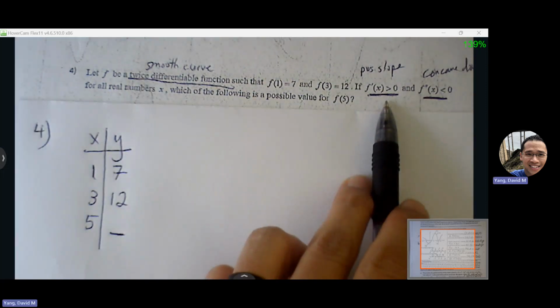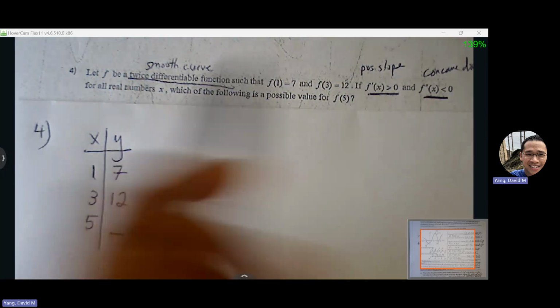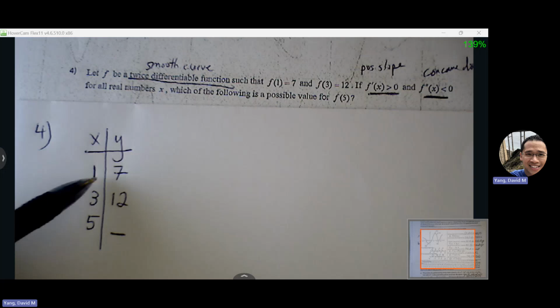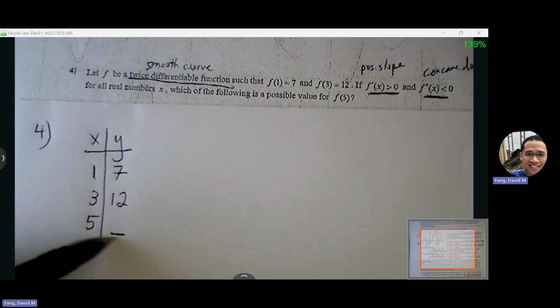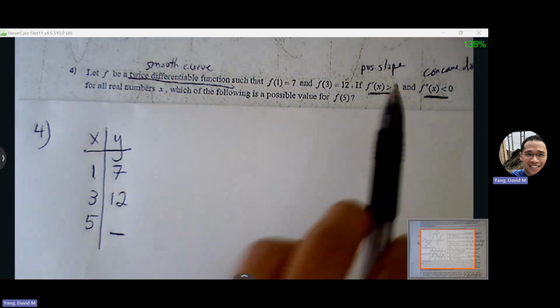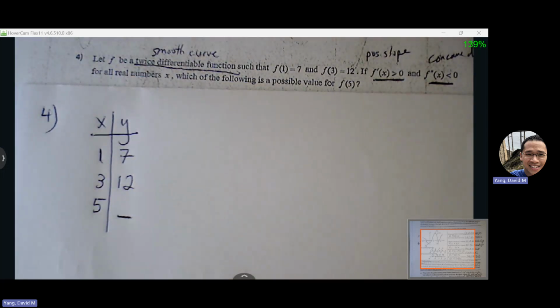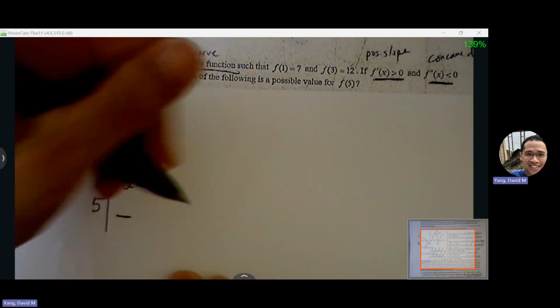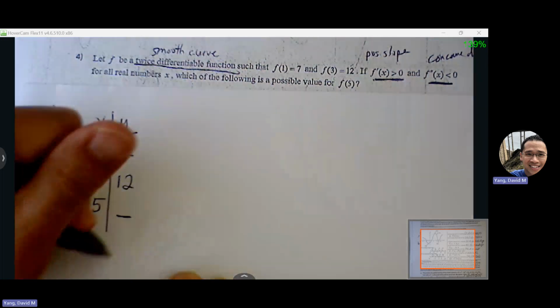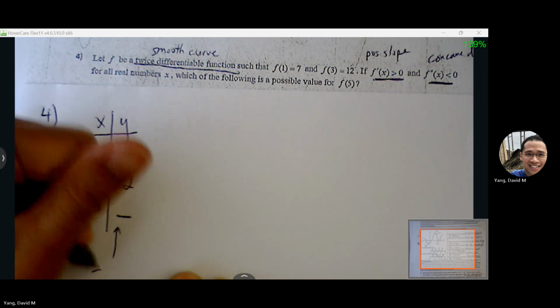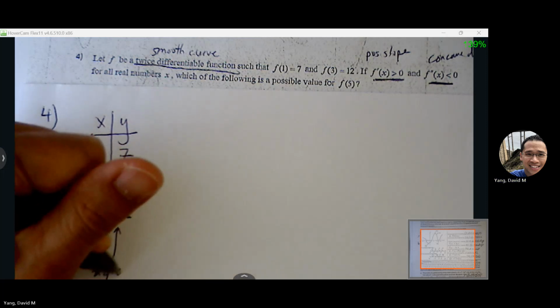Well, if my slope is positive, I know that 1, 7, 3, 12, 5, it's got to be a number that continues to grow, right? If I'm getting positive slope, I can't suddenly dip below 12 because then it's going to have to go down to hit that point. So we know that this number has to be greater than 12.